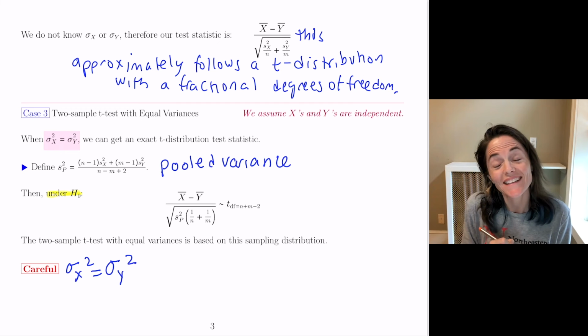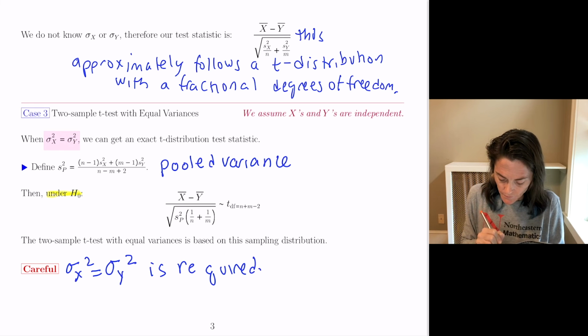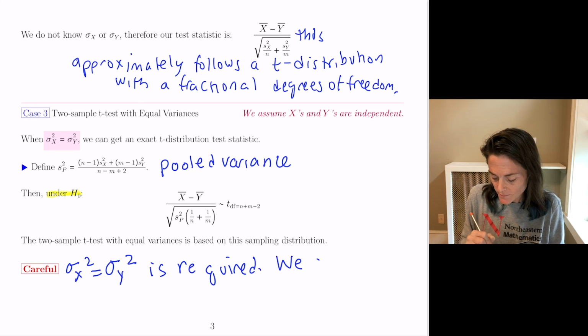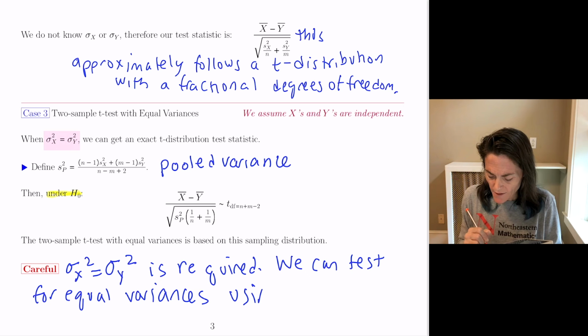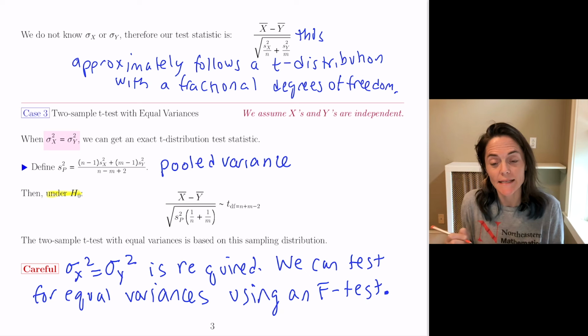Now, how are you going to know this in reality? All right, it is required. We can test for this using an F-test, and I have the details of the F-test built into one of our Canvas pages.